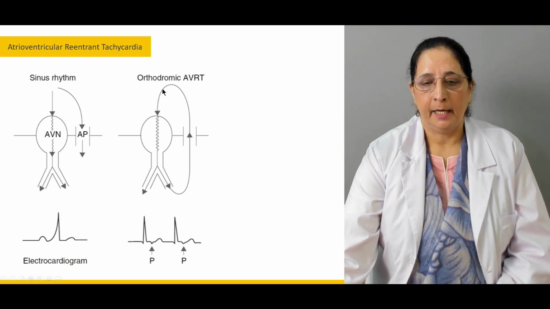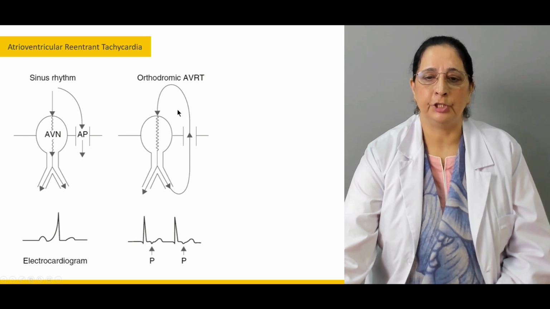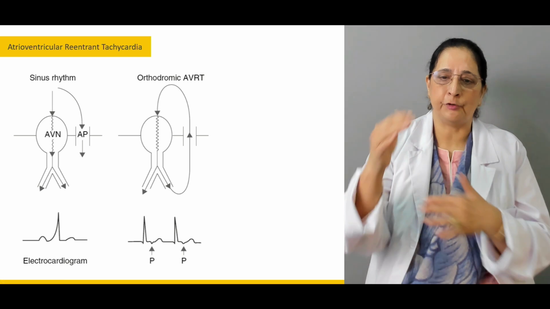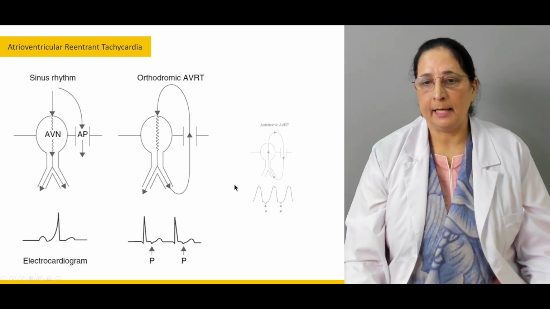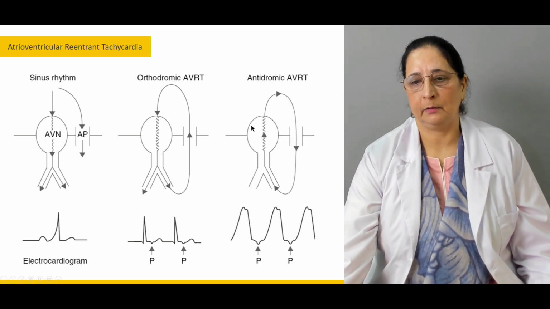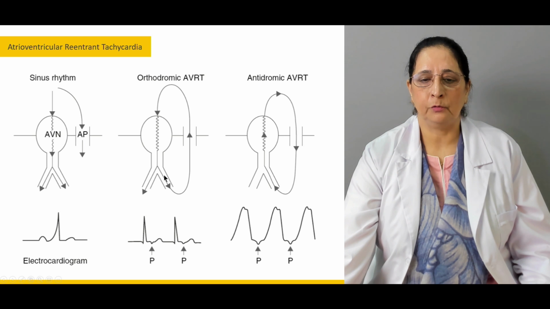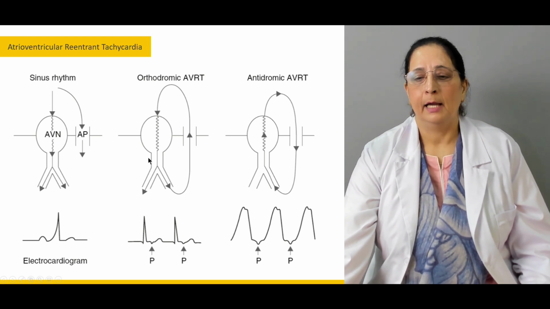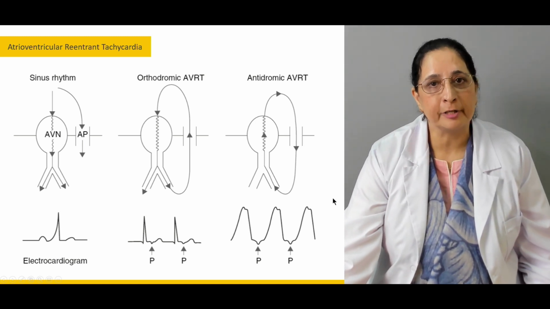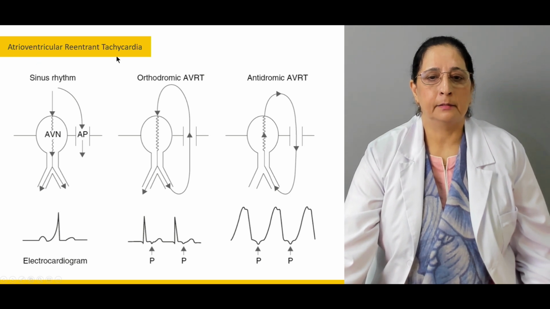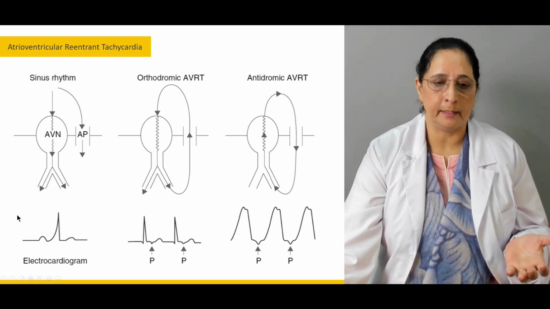In orthodromic, you can see the impulse goes back in the direction and again comes down, so it's re-entering in the back direction. Orthodromic AVRT. And then we have antidromic, where it goes in the backward direction. So in this, it comes through the ventricle and goes back, and in this it goes backward and comes. These are the few types of re-entrant tachycardias that develop, and these are the appearances on the EKG of the cardiac cycle.